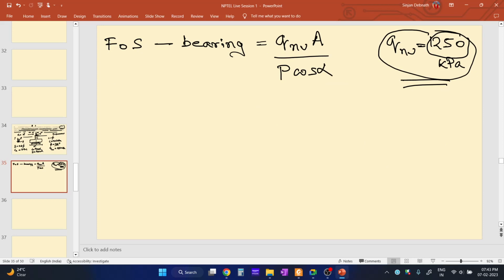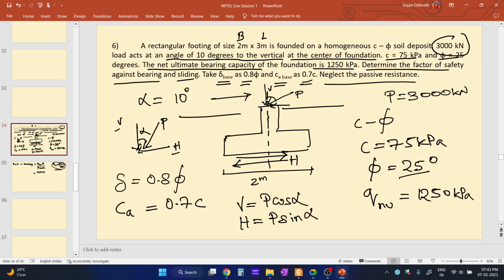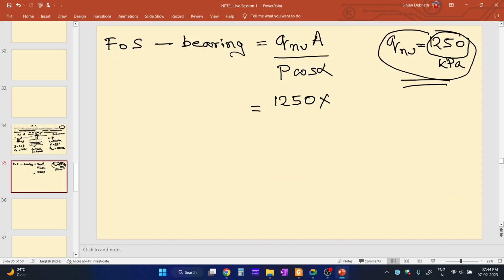So qnu is 1250 kilonewton per square meter. Area, what is area? Breadth is 2 meter, L is 3 meter, so 6 meter square. P cos alpha, what is P?